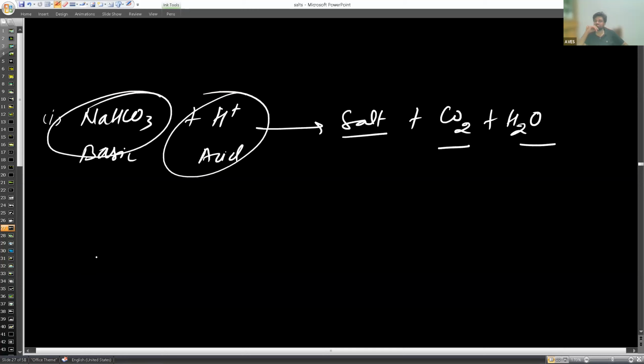Understood? Now when this sodium hydrogen carbonate reacts with acid, it will give you salt plus CO2 plus H2O. This CO2 is used for making the bread fluffy and spongy.